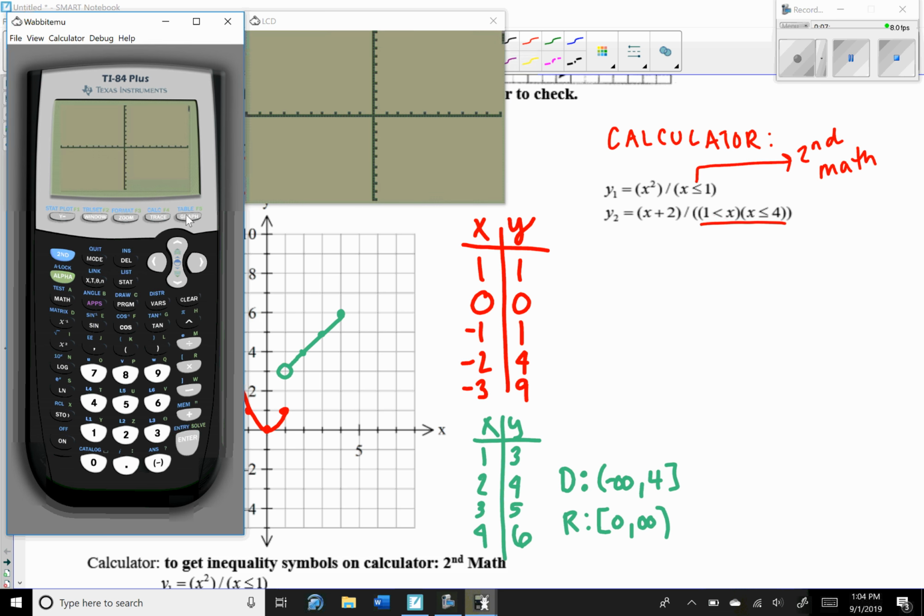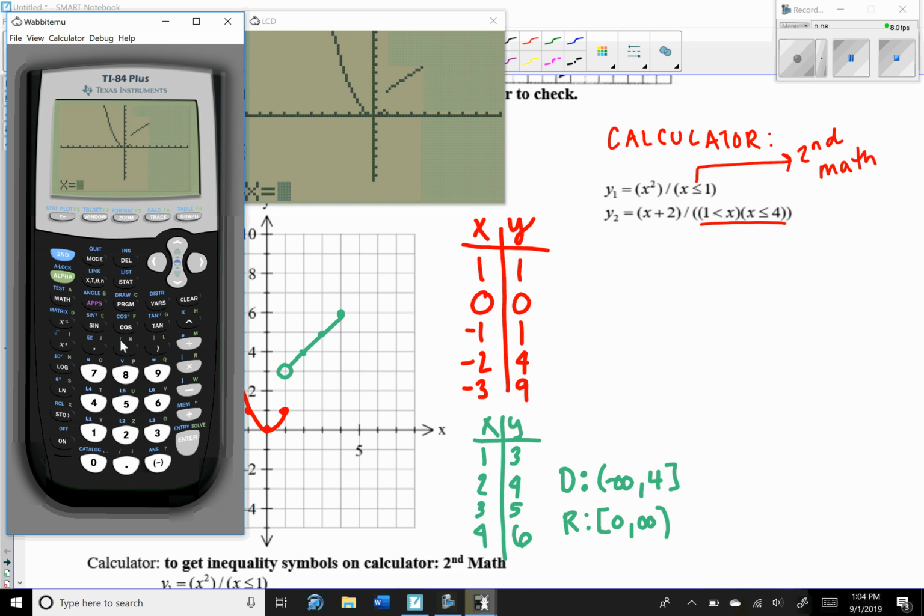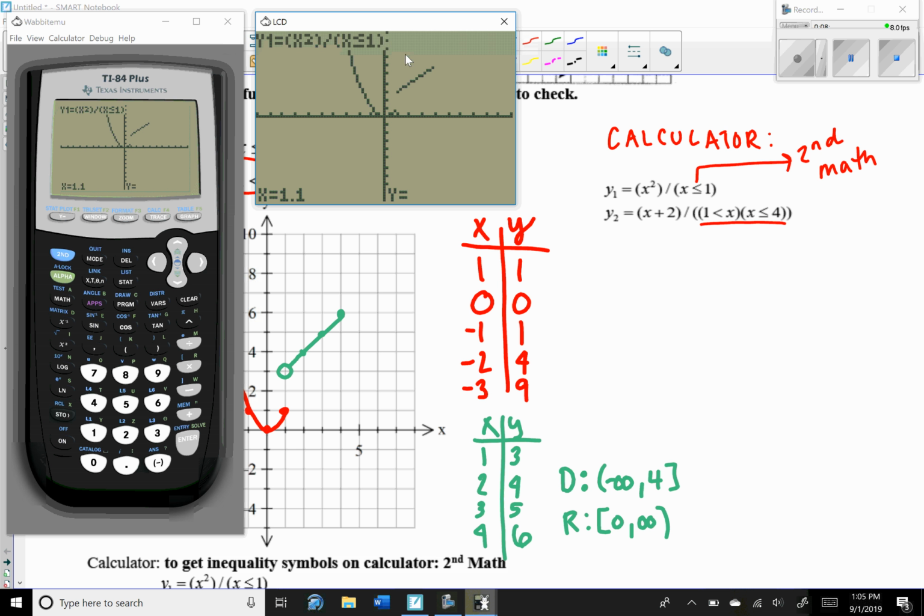If I go to my graph again, I can even check by using second trace, which is going to be this first one, number 1, which is value. So it'll allow me to plug in an x value. So if I plug in 1.1 just to show you graphically and hit enter, notice that first it shows up using the y1 equation. To get it to y2, because it's not going to have any y value at 1.1 for our first equation because it's only x values less than or equal to 1, I hit the down arrow.